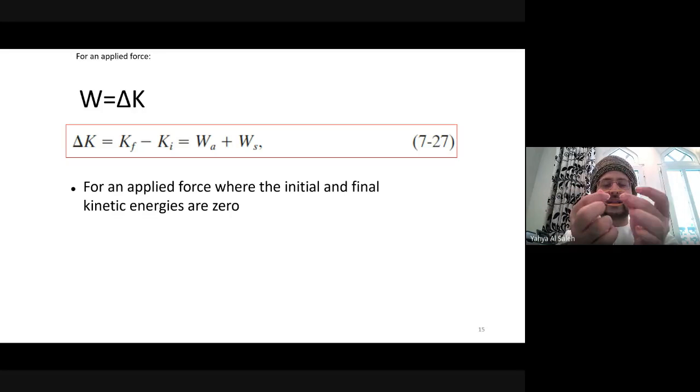My initial kinetic energy is 0. My final kinetic energy is still 0. Now, yes, I did some work while I was moving, but my final kinetic energy is 0. So initial energy is 0, final energy is 0. Where did my energy go? Where did my work go?